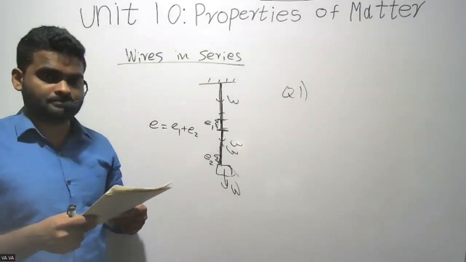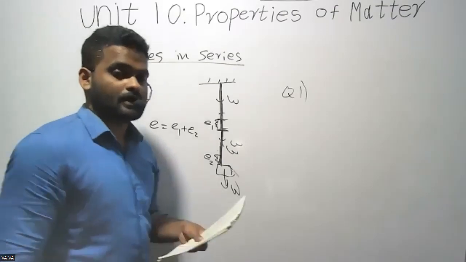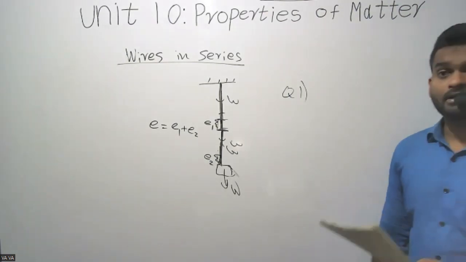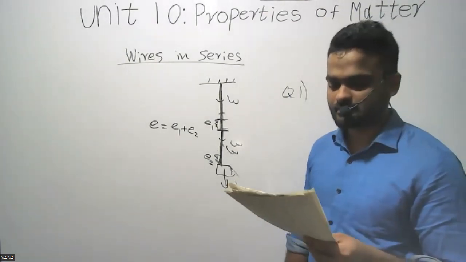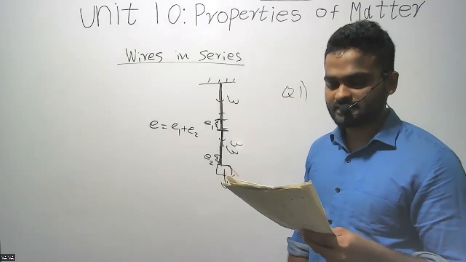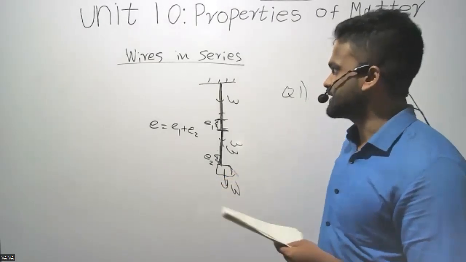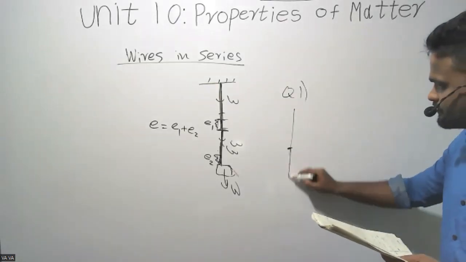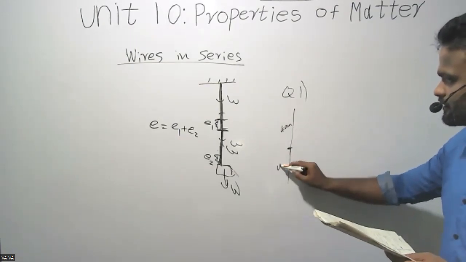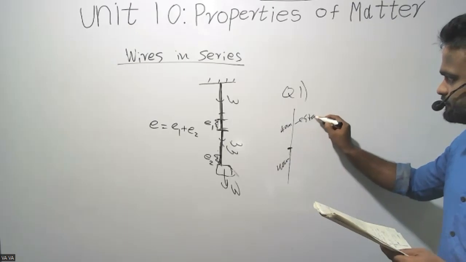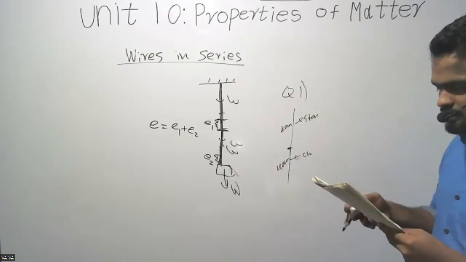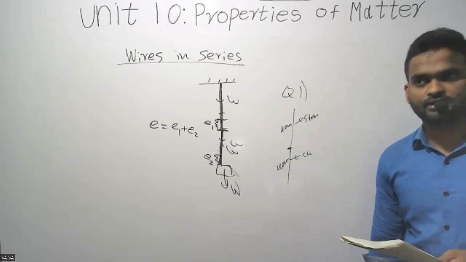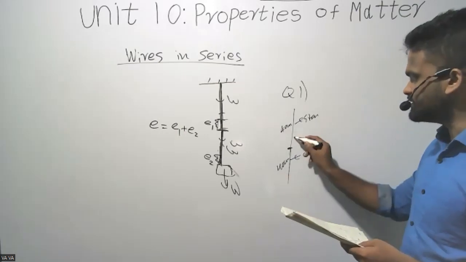A steel wire and a copper wire with the same length, 40 centimeters, each has a cross section of 5 square millimeters.